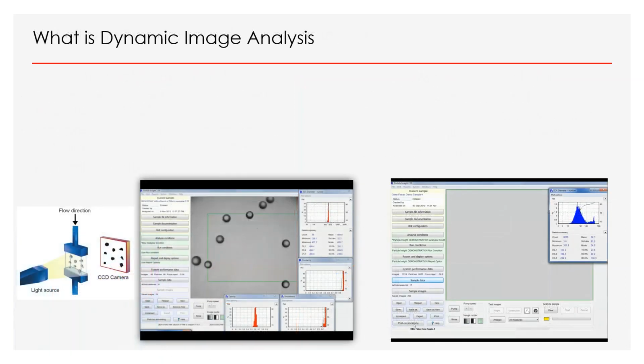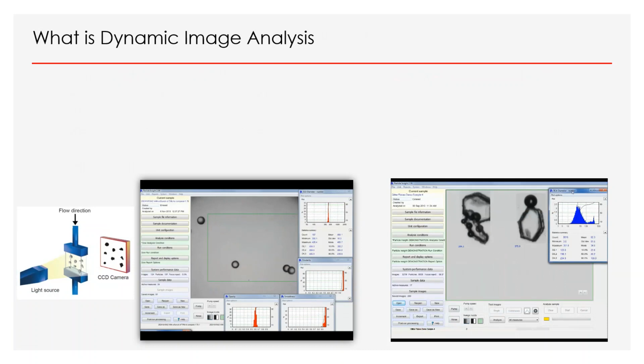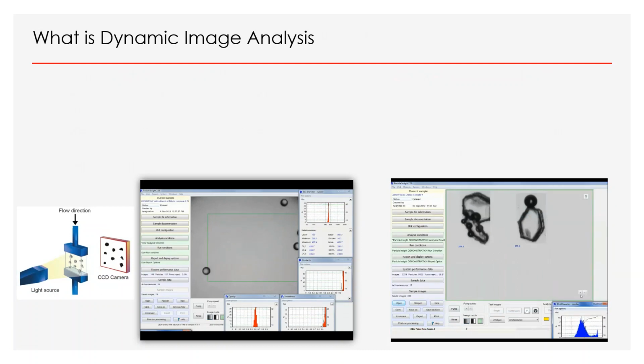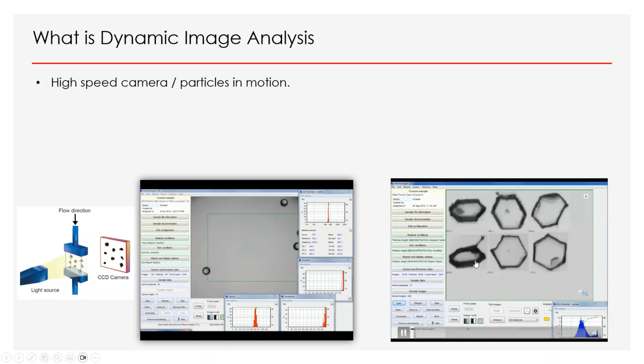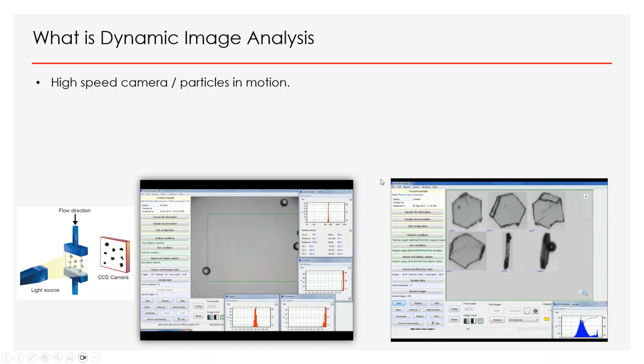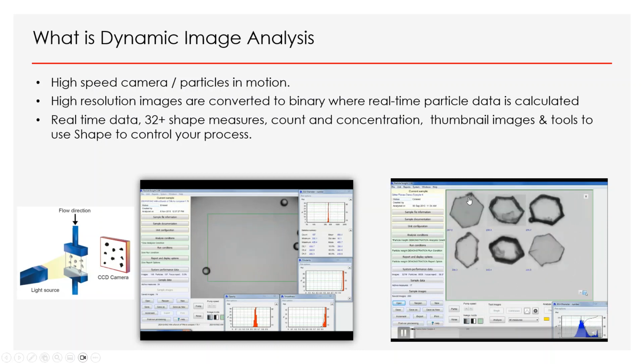So, to go over briefly, as brief as I can, how dynamic imaging works. Particles are in motion, and it uses a high-speed camera. The software converts everything over to a binary image, and once it converts it to a binary image, there are 32 different shape measurements taken for every particle.